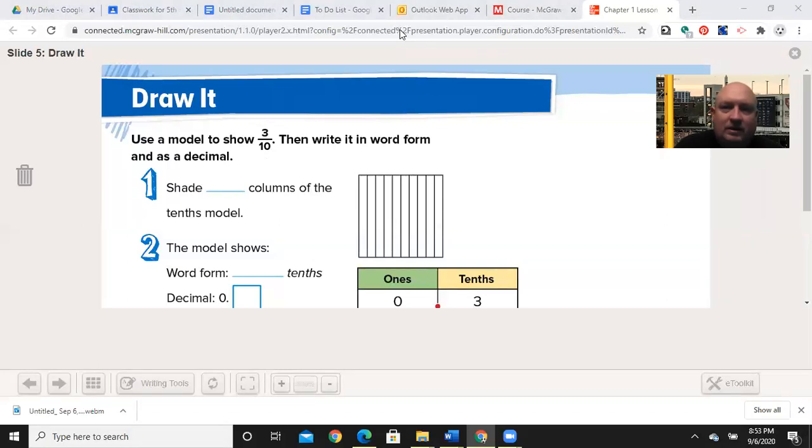So let's get out the annotate tool here, and we'll get the draw here. And I need to shade in 3. So I'm going to shade 1, 2, and 3. Oops, sorry about that, people. Get the eraser out here. Start that one just a little bit better.